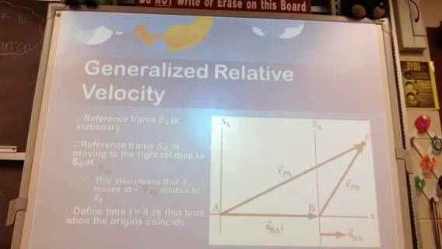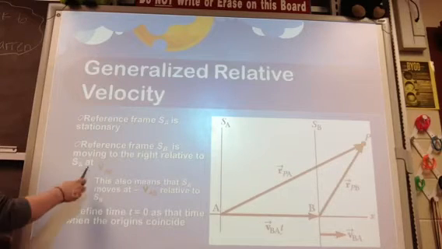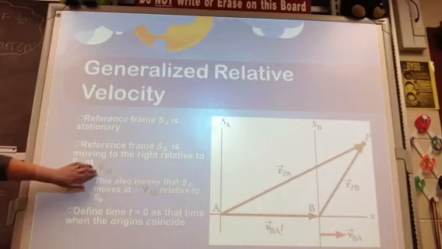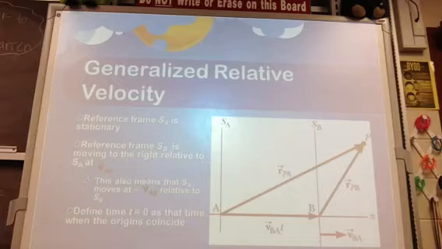So VBA would be the velocity of B as measured by observer A. In this case, I have VAB, so this is the velocity of A as measured by observer B. Let me repeat that: the first subscript represents what's being observed, and the second subscript tells me who is doing the observing. So that's what that's saying.